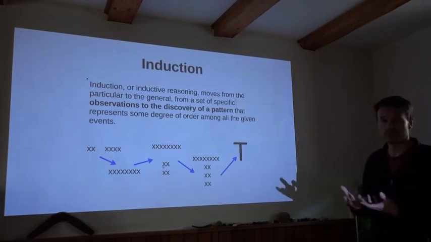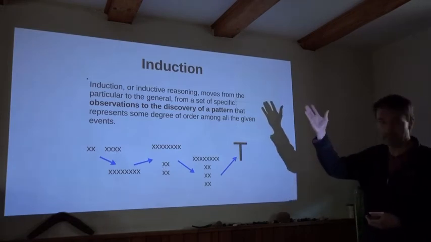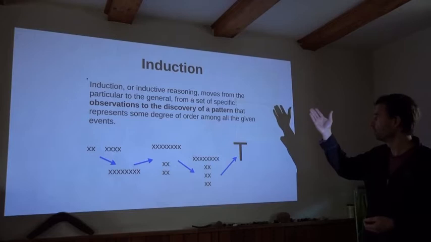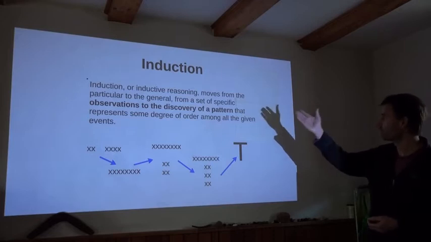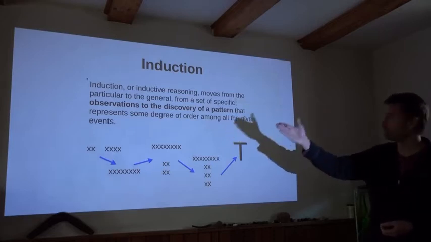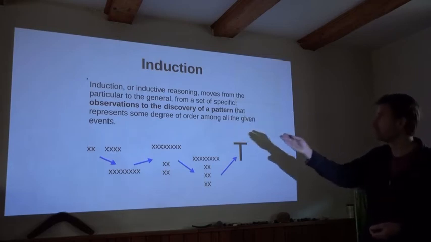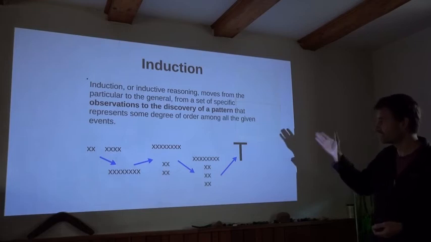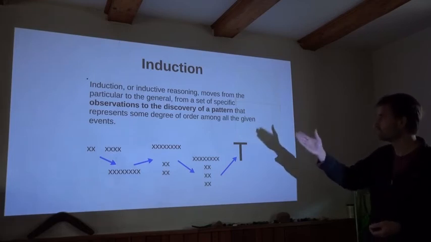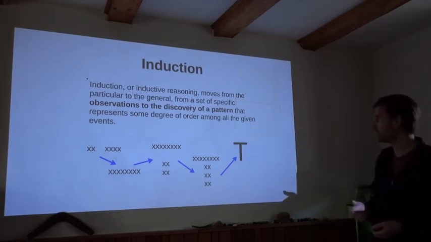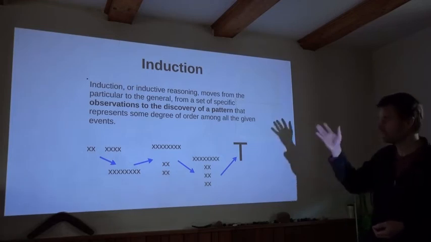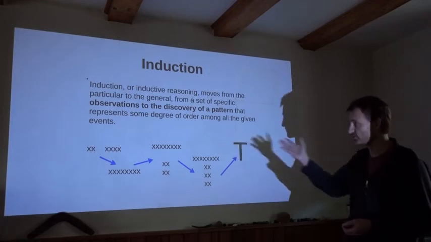So to explain it, induction moves from the particular to the general, from a set of specific observations to the discovery of a pattern that represents some degree of order among all given events. This is the definition, and I have an illustration.